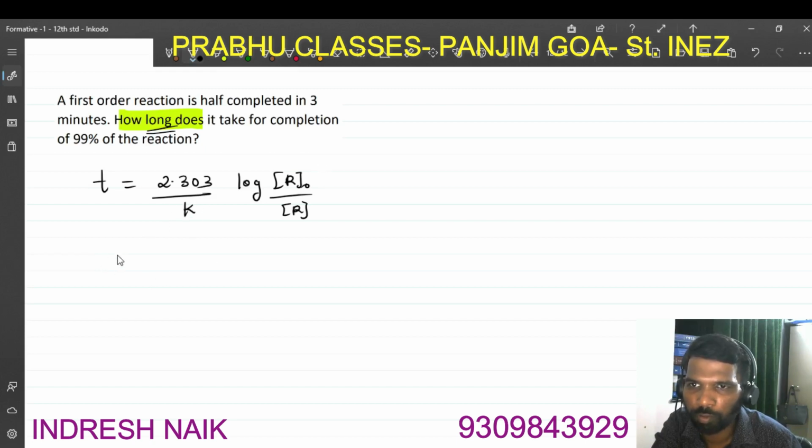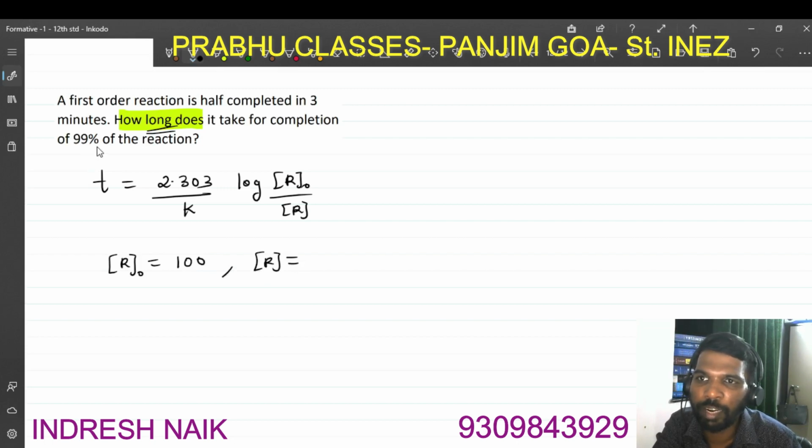R0 I know, initial we will take 100. And what is r? R is for 99% completion, so how much is remaining? 100 minus 99, so r is equal to 1.